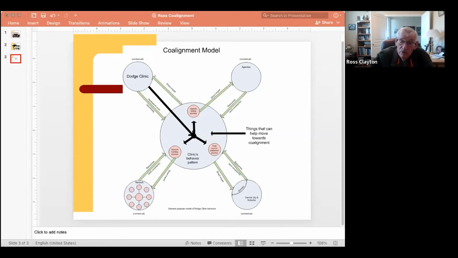So if you get the image here, the co-alignment model is looking at how well aligned are your contextual variables. So you've got 4 contextual variables, which means there are 6 relationships in total, back and forth around the edge and then across.